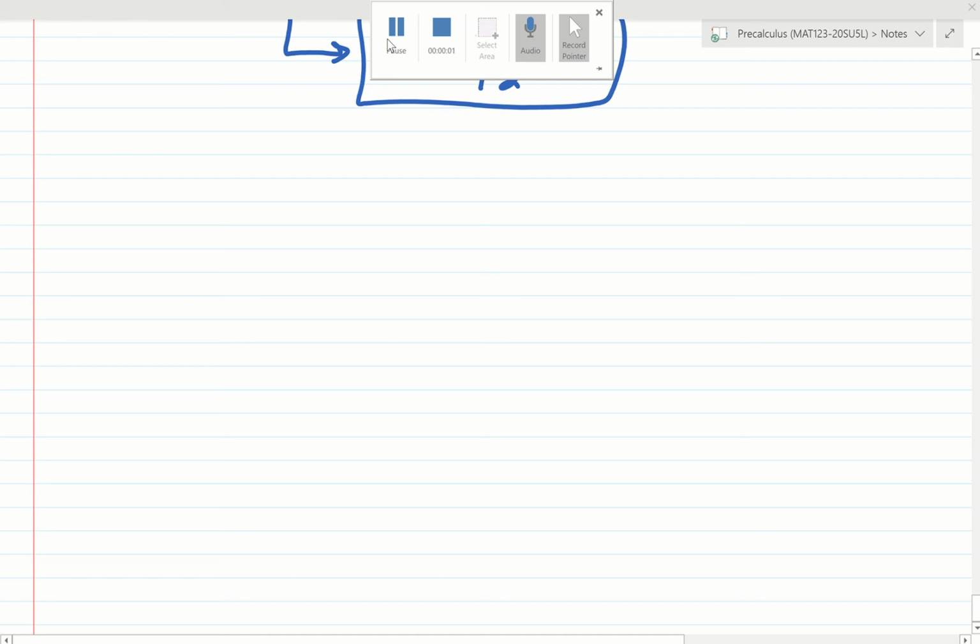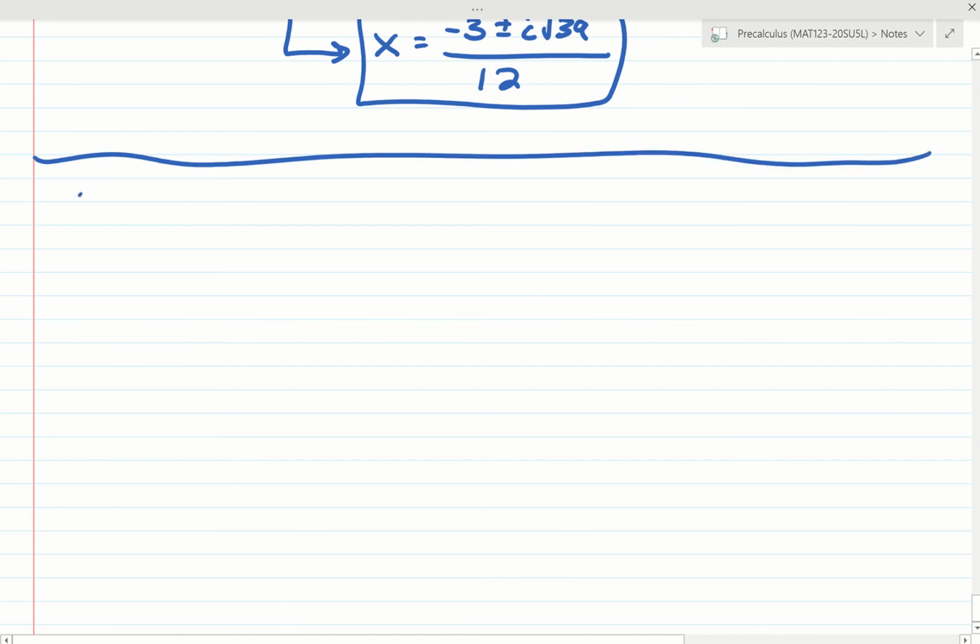In this lesson, I'm going to show you where the quadratic formula actually comes from. So remember what the quadratic formula says.